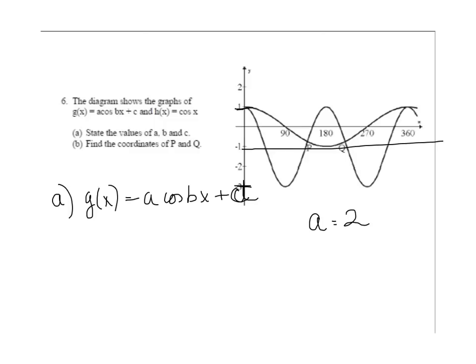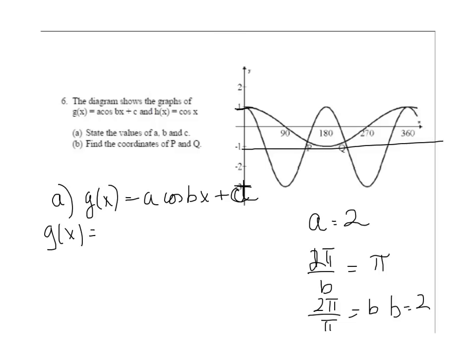All right, the period is just pi. So to find B, I would say 2 pi divided by B is going to equal pi. Or 2 pi over pi is B, so B is going to be, you're right, 2. All right, so far we have g of x is equal to 2 cosine, and then the amplitude, and then bx, and then we just need c.